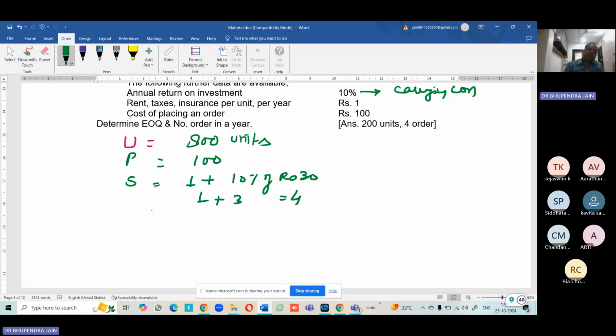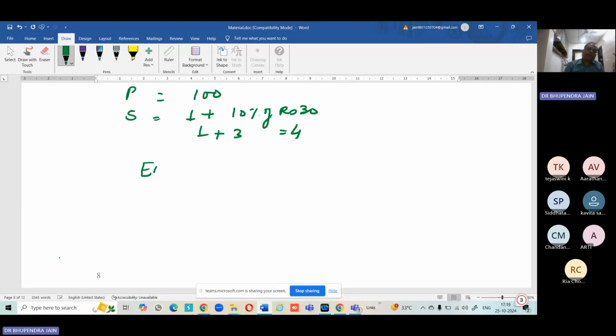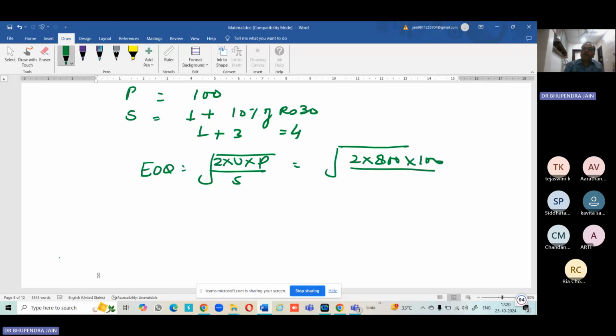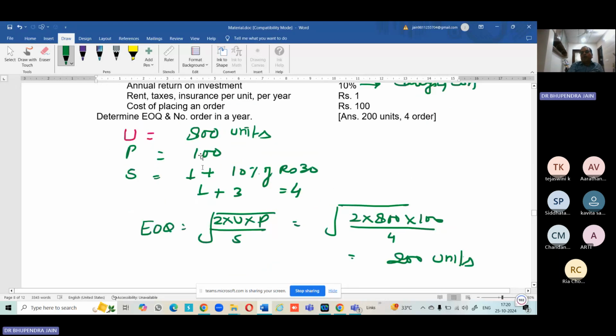So now the economic order quantity is the square root of 2 into U into P upon S. So 2 into 800 into P, which is 100, and the carrying cost is 4. Our answer will be 200 units. This is the economic order quantity, and then the number of orders per year.